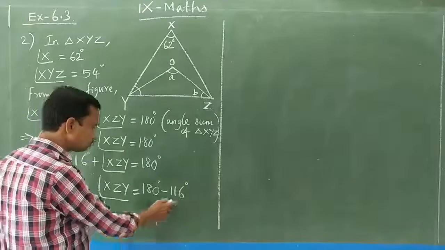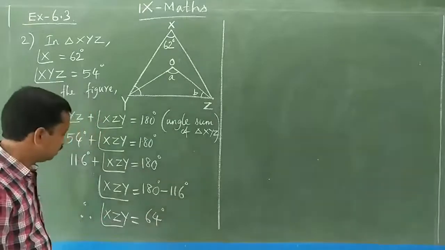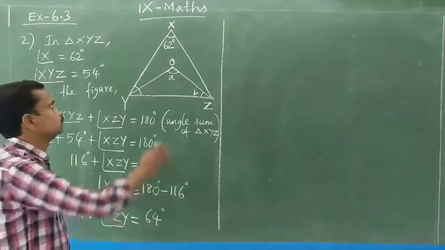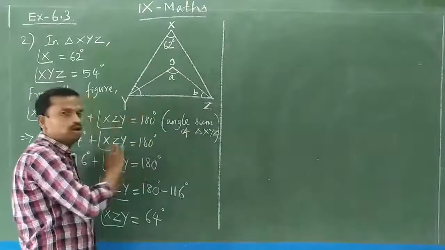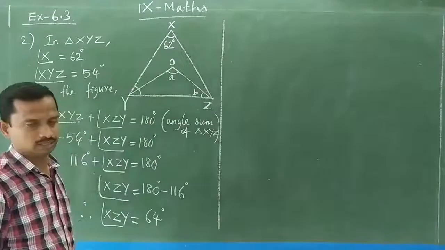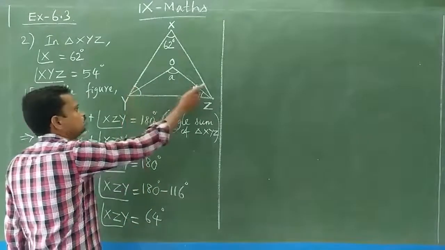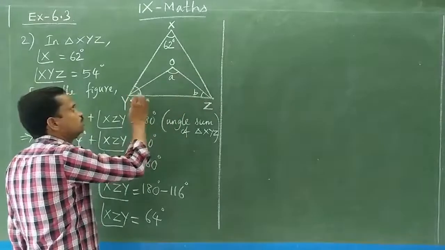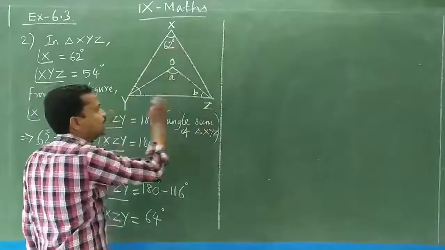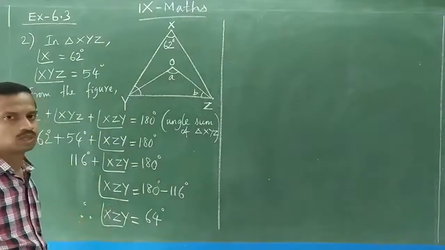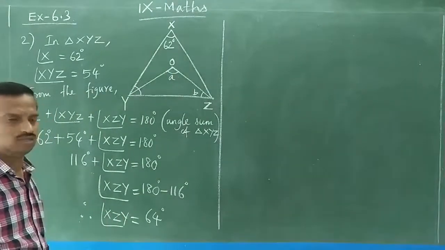Right? So this is the measure of angle XZY of this triangle XYZ. Clear? Now, after knowing this angle, we already know this full angle XYZ and this angle XZY. Now we have found it. Using this, we can find the answer.